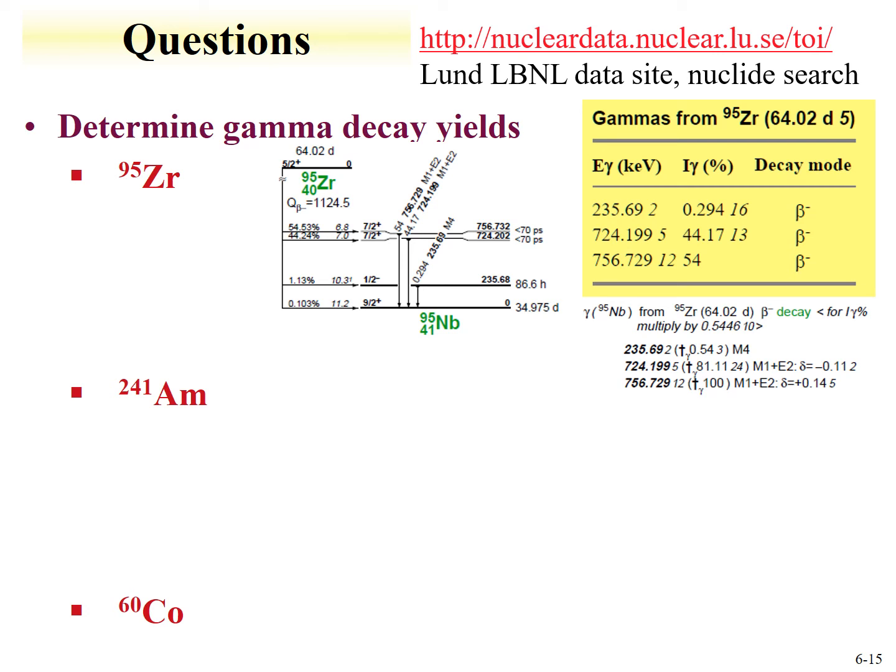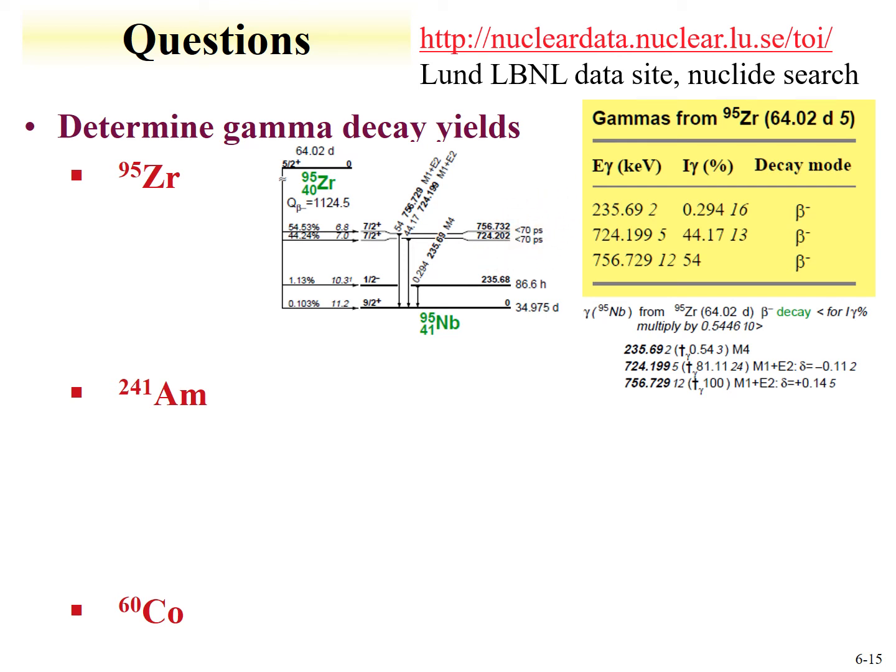We can even see the log ft values here, relatively low, spin change of 1. From what we learned in beta decay, these are common transitions. These nuclei are excited, and they de-excite through the emission of a photon, and we see that the half-lives of these states are on the order of picoseconds, about 70 picoseconds each.